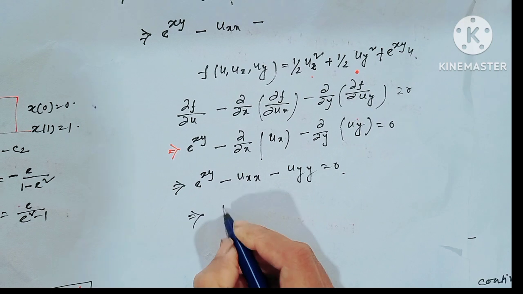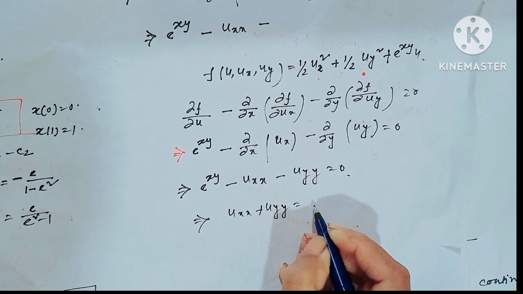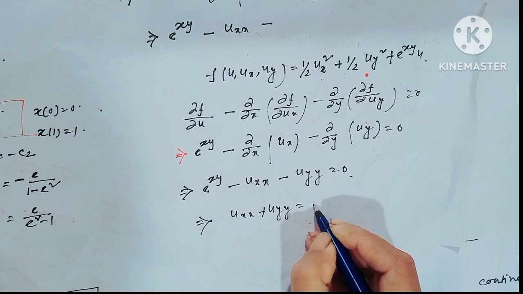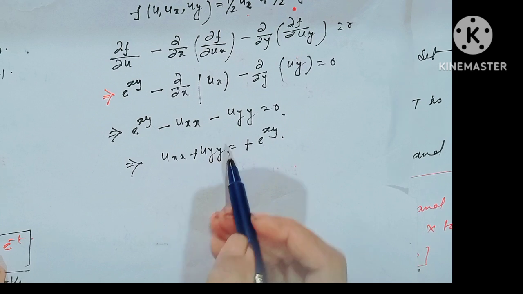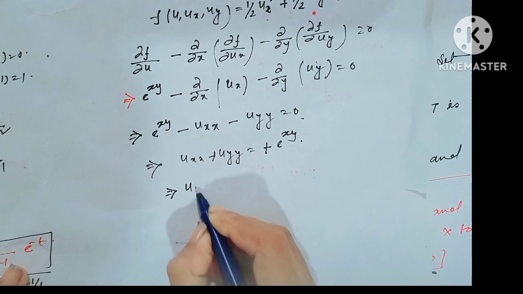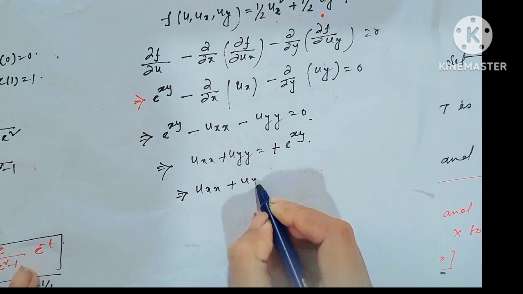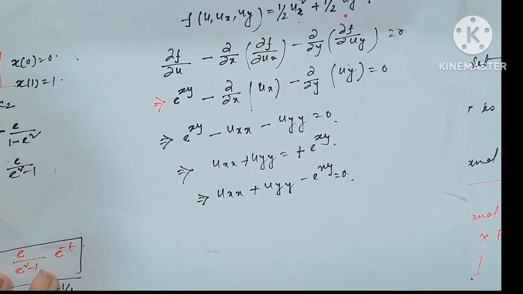That implies u_xx plus u_yy equal to e^(xy), that implies u_xx plus u_yy minus e^(xy) equal to 0.